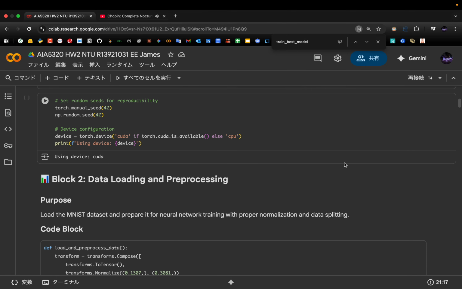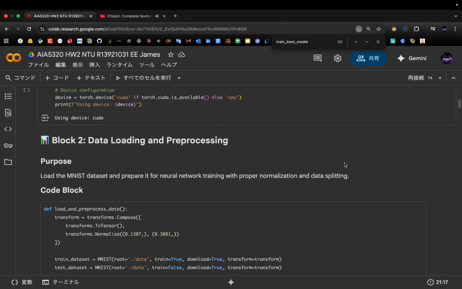And in block 2, we load the MNIST dataset and preprocess it. The MNIST dataset contains 70,000 grayscale images, which are 28 by 28 pixels, of handwritten digits from 0 to 9.